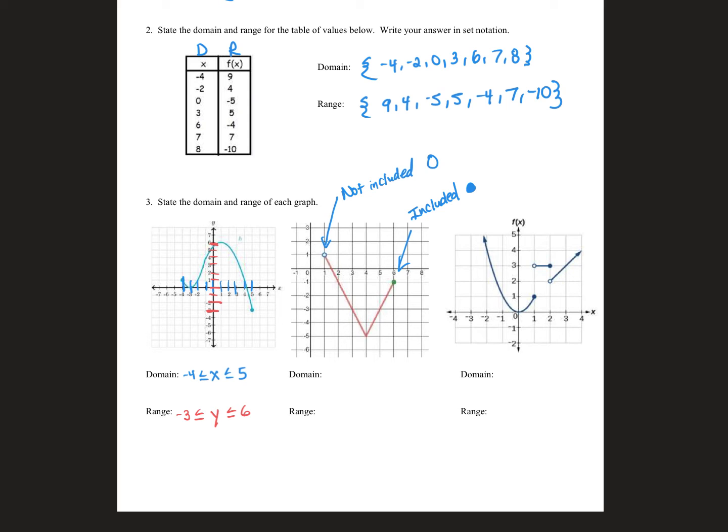My domain, again, we'll go left to right. It starts at 1 and goes to 1's hit, 2's hit, 3, 4, 5, 6. So from 1 to 6. 1 is not included for x, so we're going to have x is greater than 1. Again, we're not putting the equal to. And it is going to be less than or equal to 6.